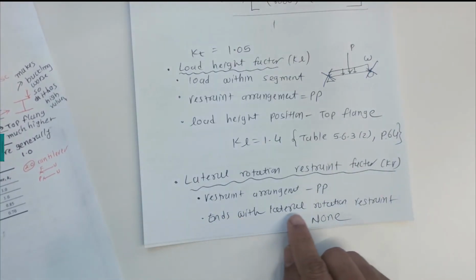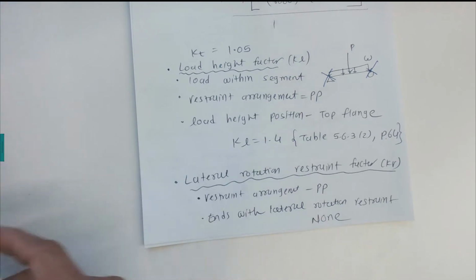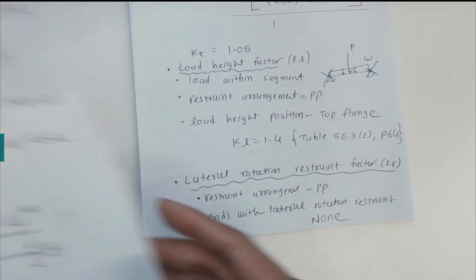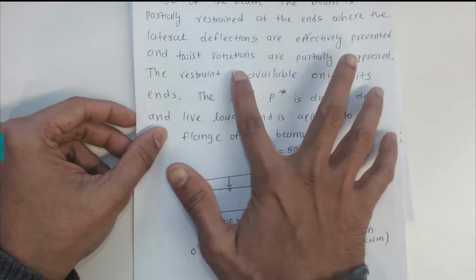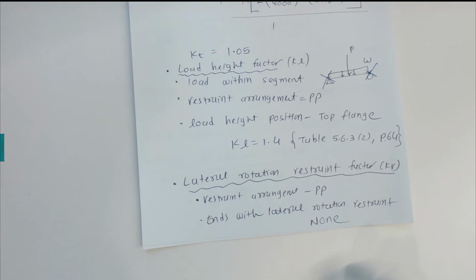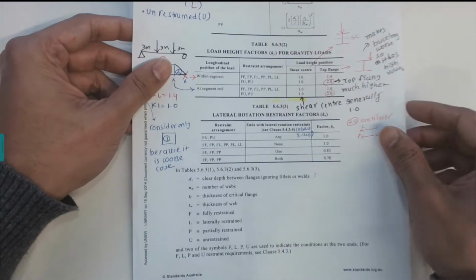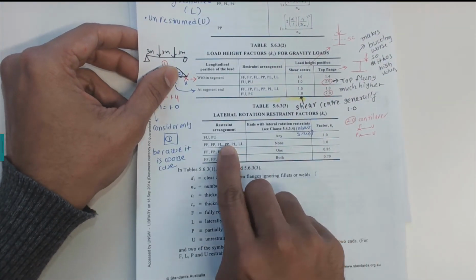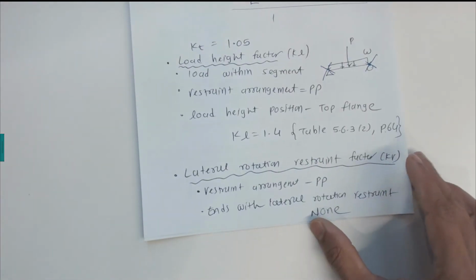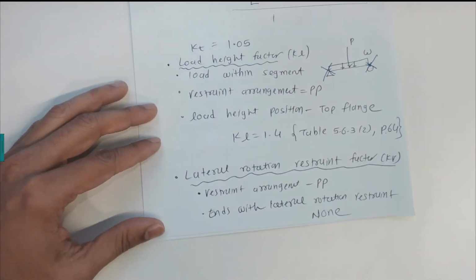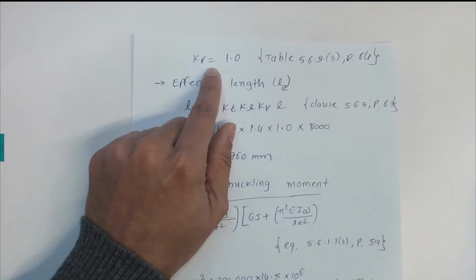The question says that twist rotation is partially restrained, so lateral rotation is not restrained, so it's none. For PP with none, we take KR equal to 1, on the next page.